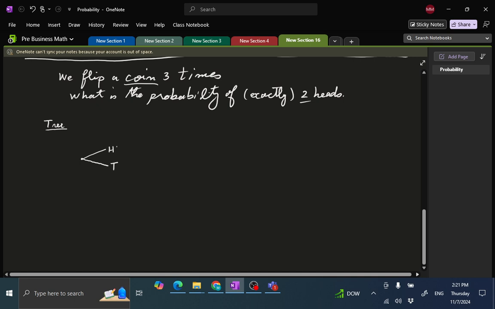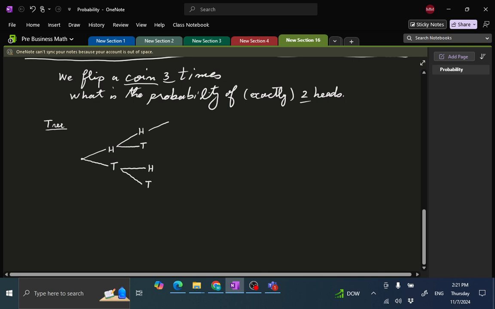And then we do this again at each of these, which are called nodes. We do this again, and it can land heads or tails. Let me do this again. Heads or tails. Since we are throwing it 3 times, we do one more round.